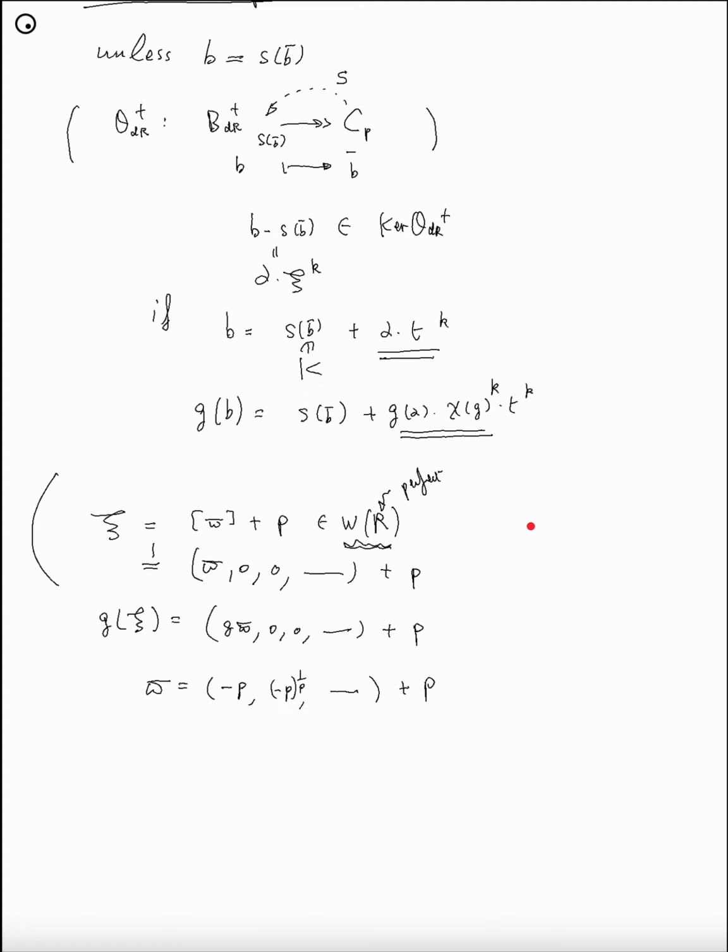There should be a unique pth root of minus P. Am I wrong? Because it really seems like when you're acting on it, there should be a cyclotomic character. But I'm claiming that that should be trivial because R is perfect. Am I wrong? Let me check. Let me think about that.